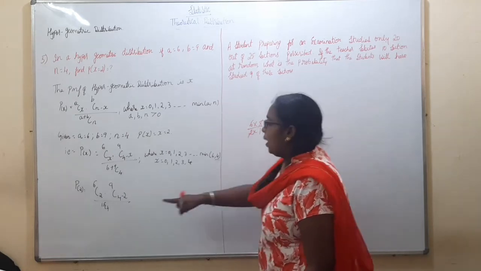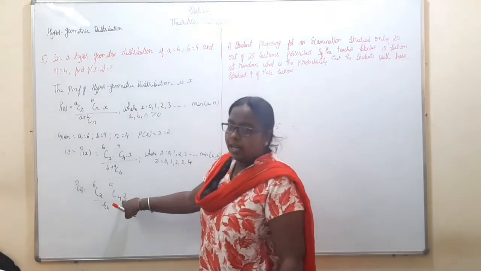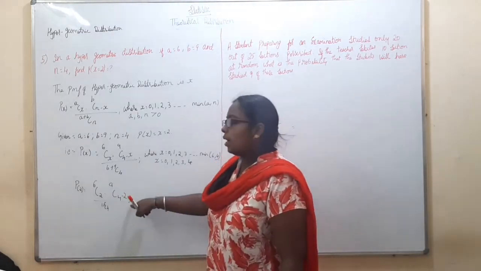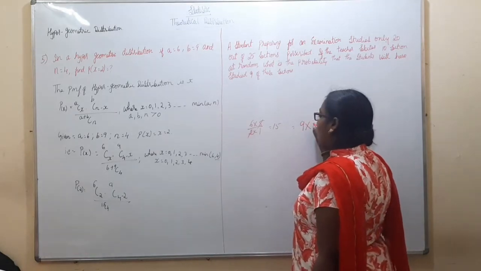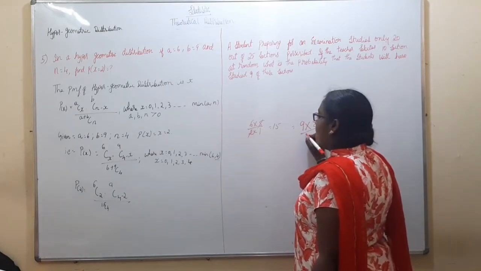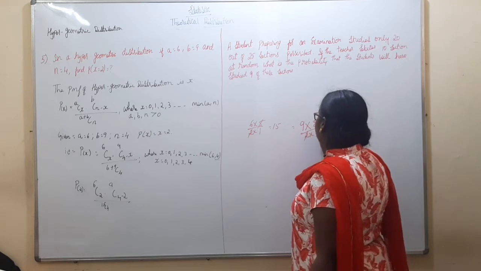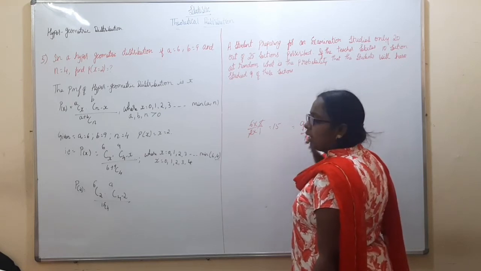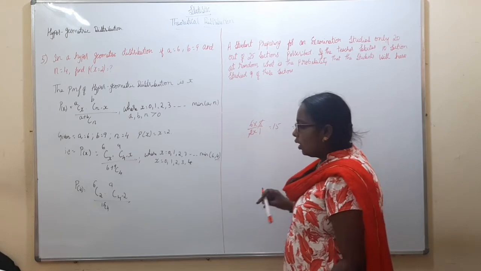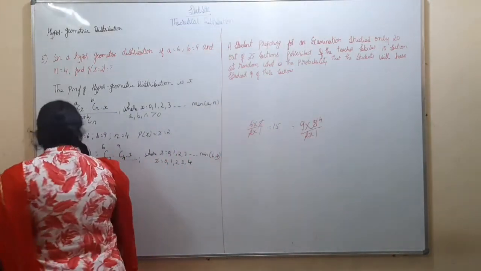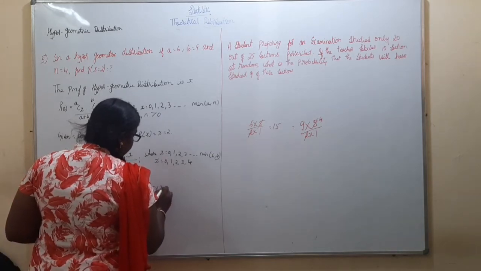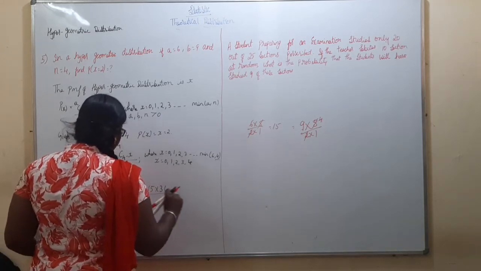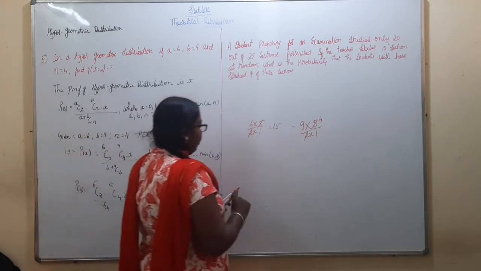Next, 9C2, since 4 minus 2 is 2: 9 into 8 divided by 2 into 1, four nines are 36. So here I will get 15 into 36 divided by 15C4.